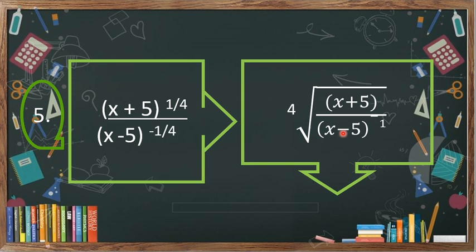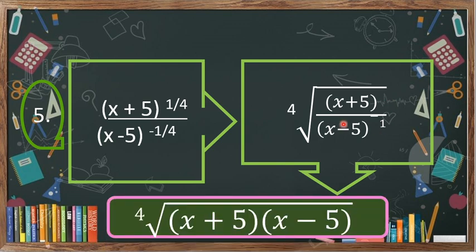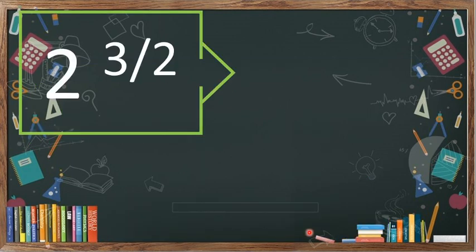And then you're going to put the x minus 5 beside x plus 5 because that is the reciprocal of x minus 5. Then remove the negative 1 exponent here because you already wrote the x minus 5 in its reciprocal form.